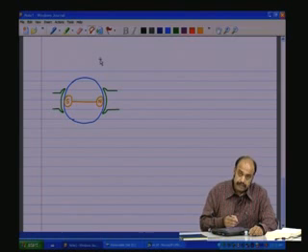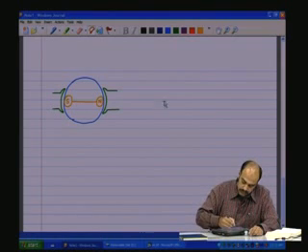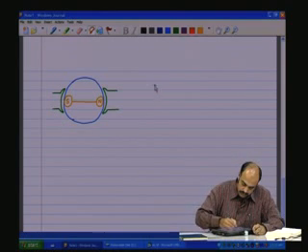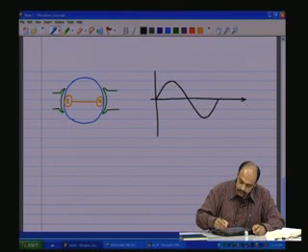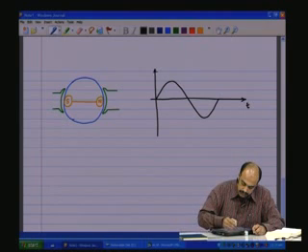Now let us see what happens to this dumbbell as time progresses, and we have a sine wave which is applied to the coils.